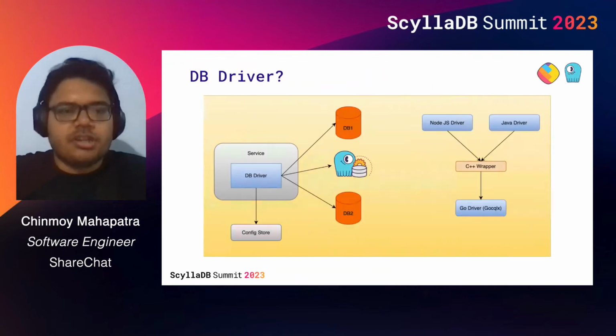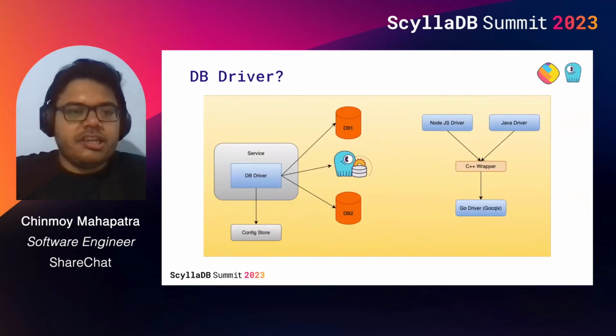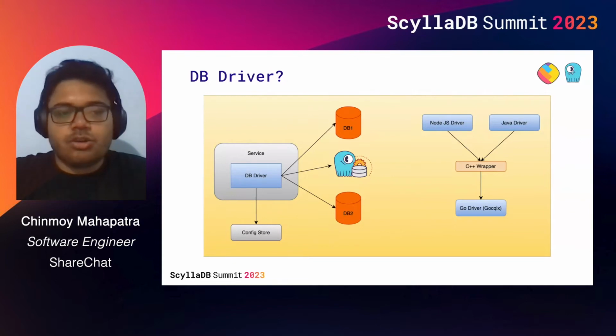Firstly, I'd like to start with DB driver. DB driver is a key library that takes part in the live migration framework. This is a one-stop shop for all the services to talk to any of the databases. This has wrappers to talk to all the databases that we generally use for NoSQL use cases. One of the important points of this is config store.